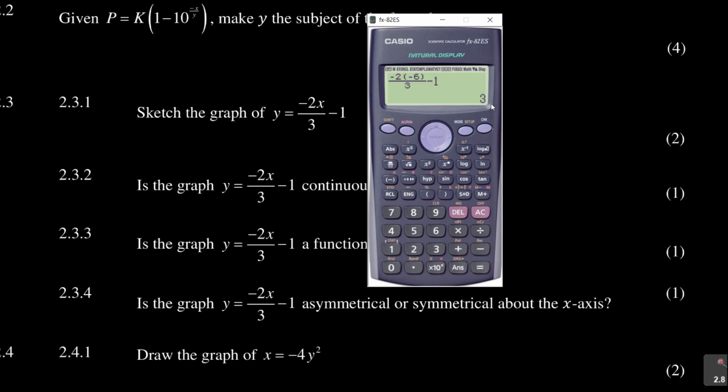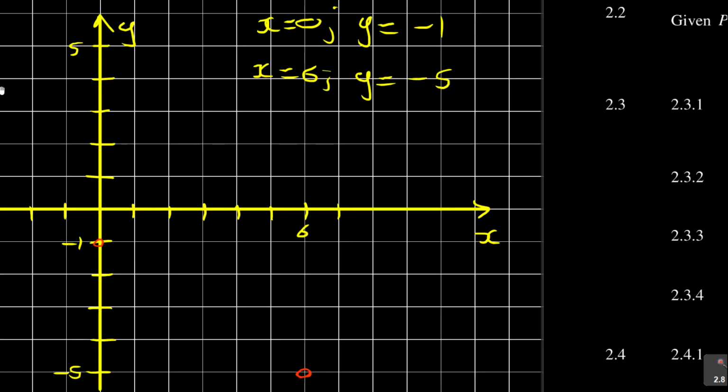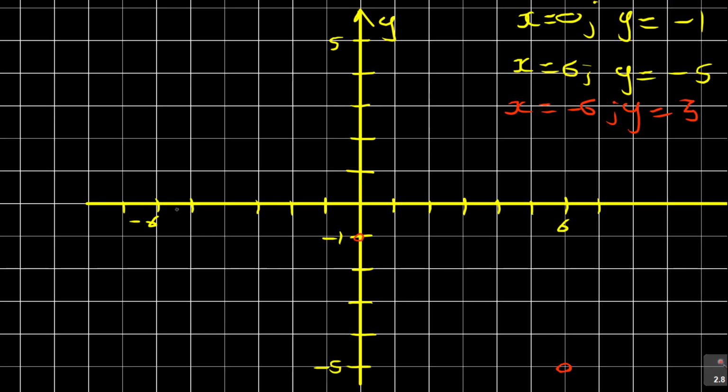Let's see if it will be within range. I got a 3. So when x is -6, y is equal to 3. I can add it here. So I can have that point here, say when x is -6, 1, 2, this is 3 there.